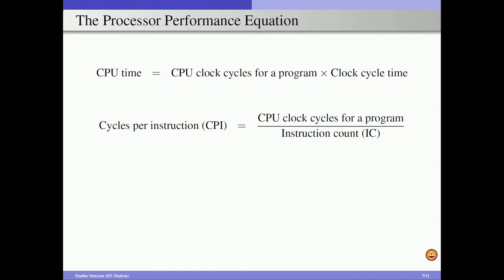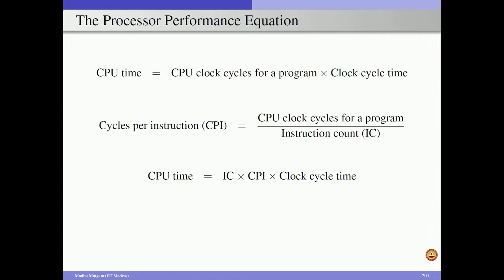CPI is the ratio of CPU clock cycles for a program and instruction count. So when we substitute this in the first equation, your CPU time is equal to instruction count times clock cycles per instruction times the cycle time.